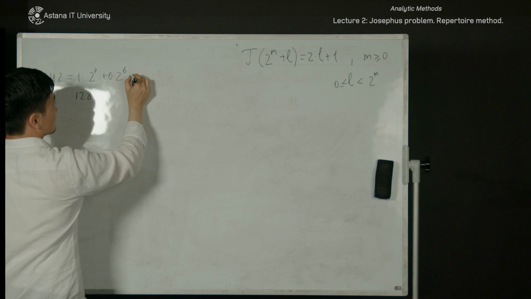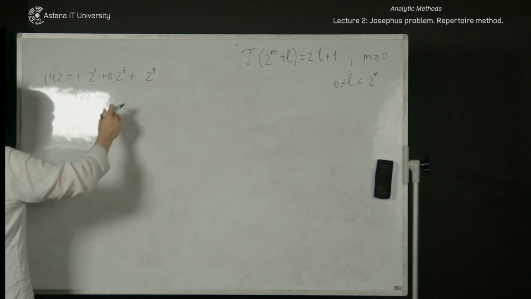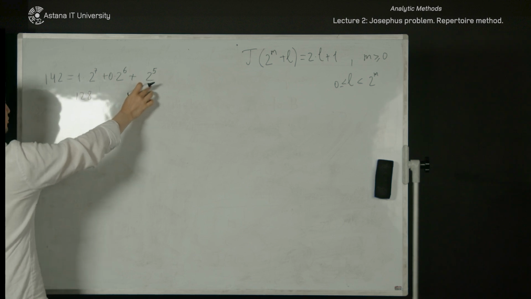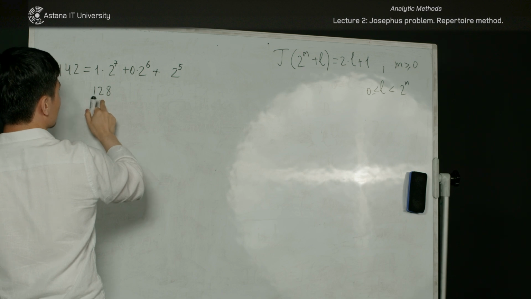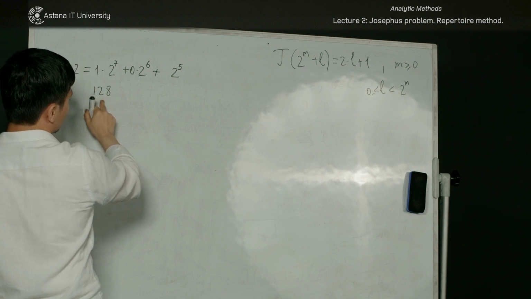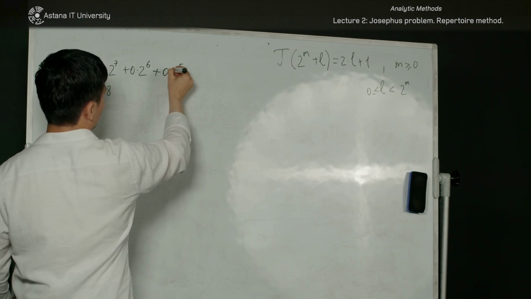Next is 2 to the power of 5, which is 32. So 32 plus 128 gives me 160, which is greater than 142. Therefore, I will not count this, and again I put 0.